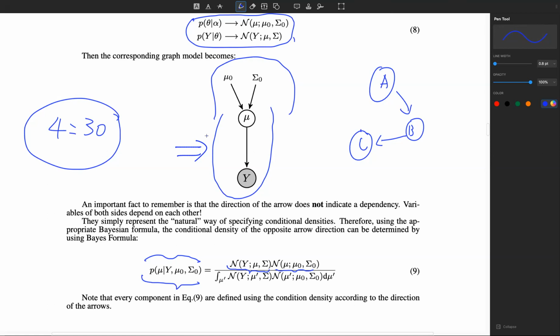You can generate your mu from your first conditional, so you can draw a sample of mu. Does anyone know how to draw a sample from a distribution? Using Python, presumably. If you draw a sample, and then you put your mu into your new conditional density, you can draw a y out. So you can actually sample from your generative model. You can sample your data.